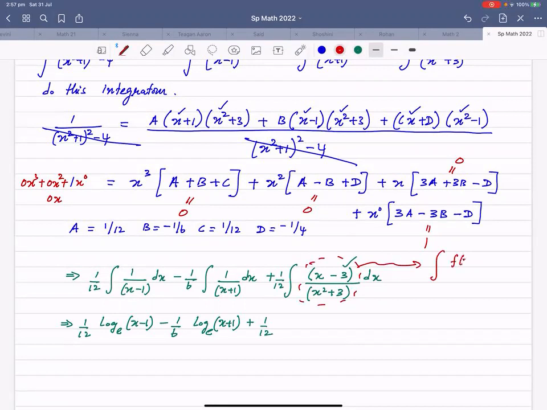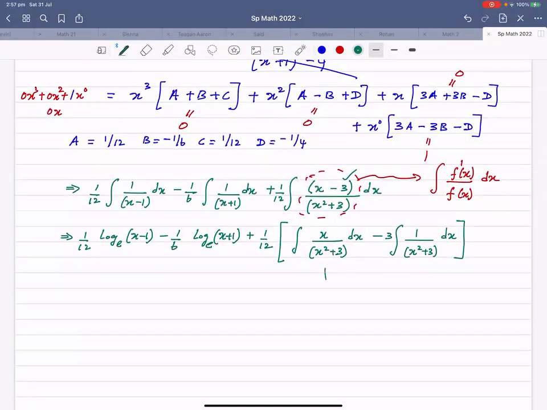Integration like f dash by f x, dx, right? But before you go into that, I'm going to split it, because x minus 3, right? So integration x divided by x squared plus 3 dx separately, minus 3. Okay, I'm going to put 3 outside. 1 divided by x squared plus 3 dx here. So very decent question, okay?